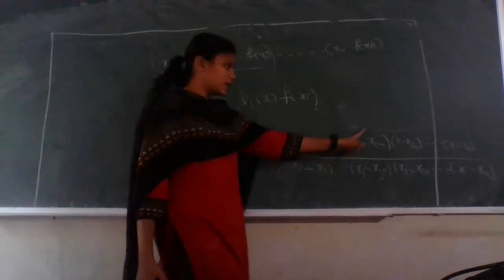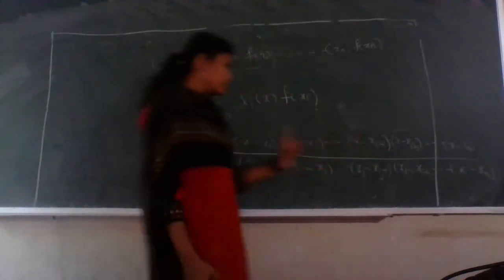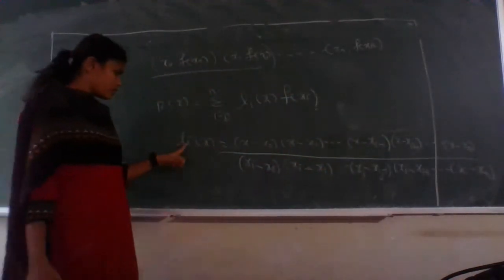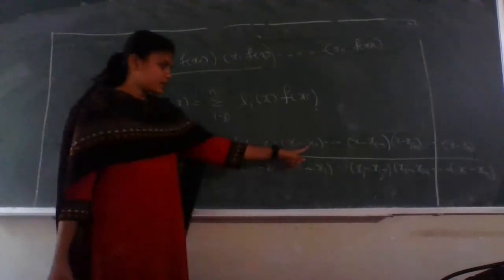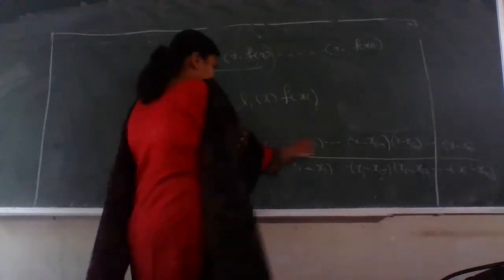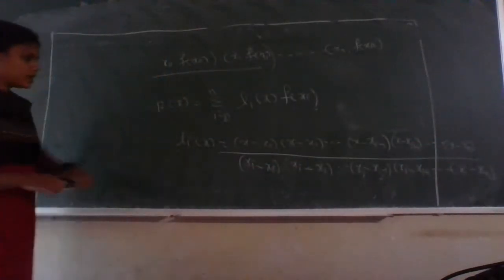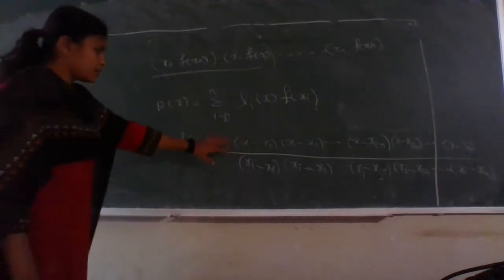So correspondingly here i will be absent if you are writing for Li. Suppose you are writing for L1, so x minus x1 will not be there. This term will not be there. Suppose you are writing for x minus xn, so this last term will not be there. Okay. So corresponding changes in the denominator.